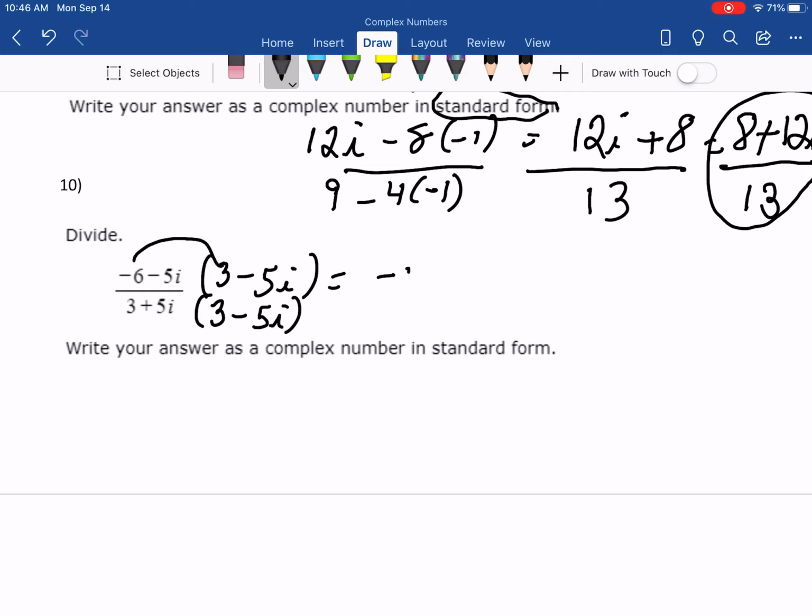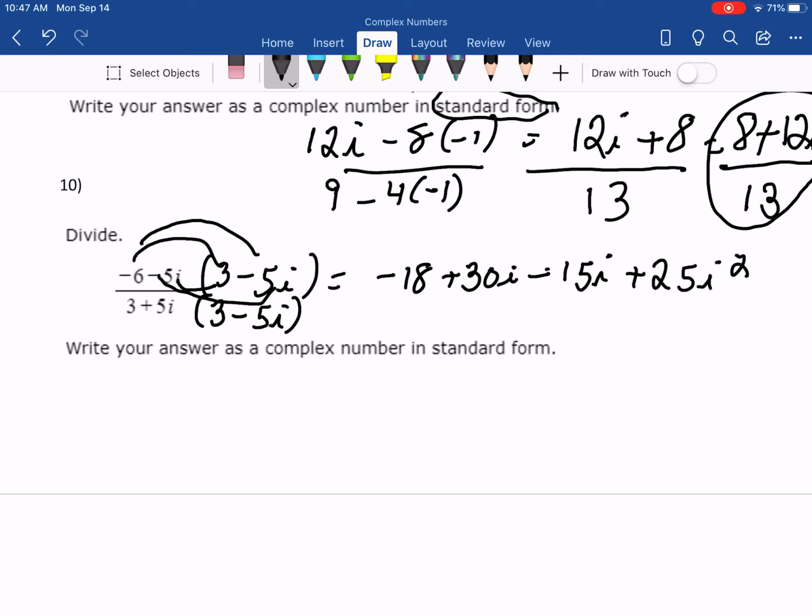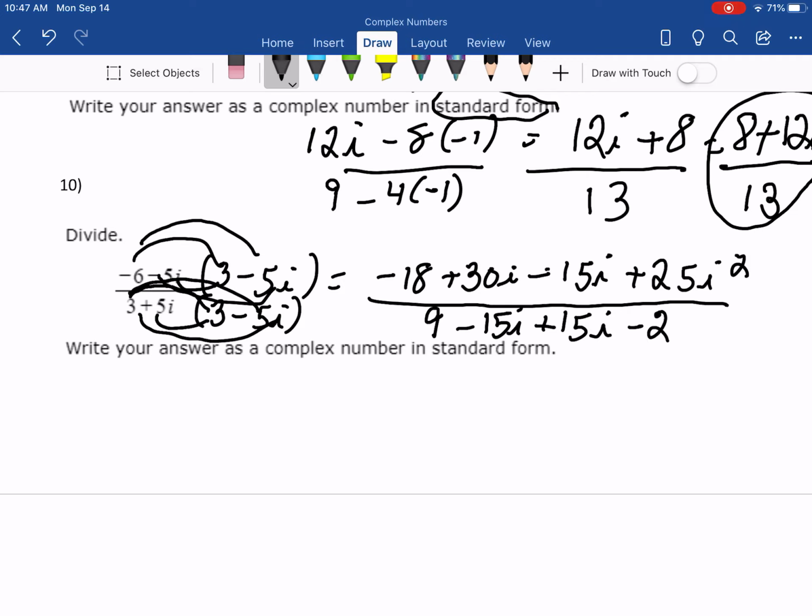That's going to be negative 18 plus 30i minus 15i plus 25i squared over 9 minus 15i plus 15i minus 25i squared.